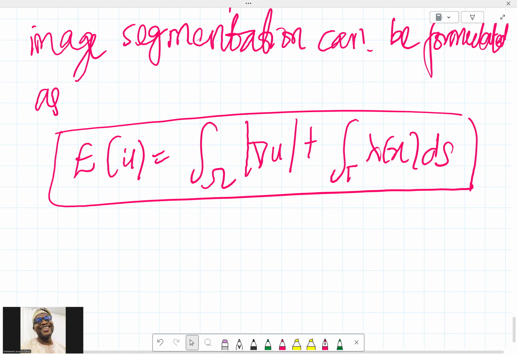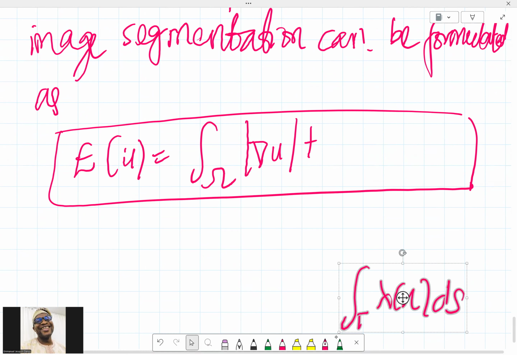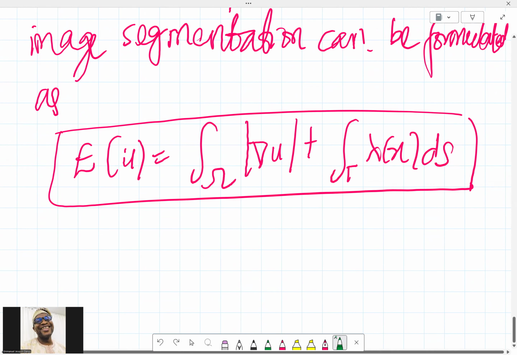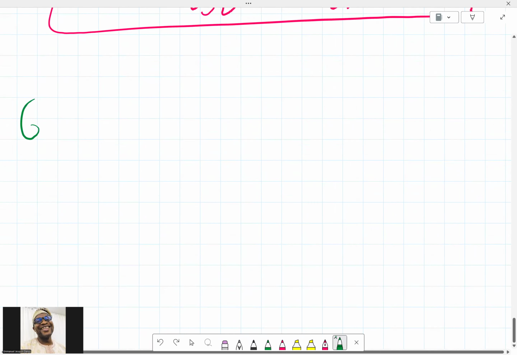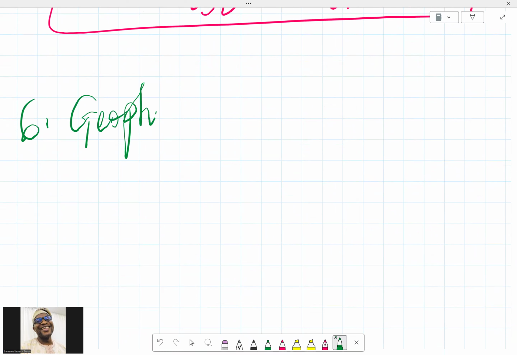Then we also have another one, that's number 6. For number 6, we have what we know as geophysics. Interestingly, today seems to be World Geophysical Day or something like that.